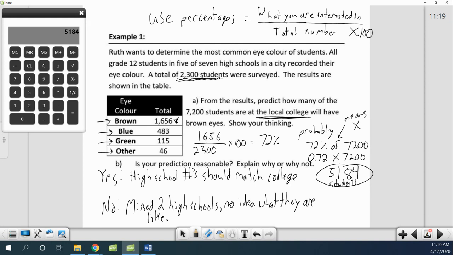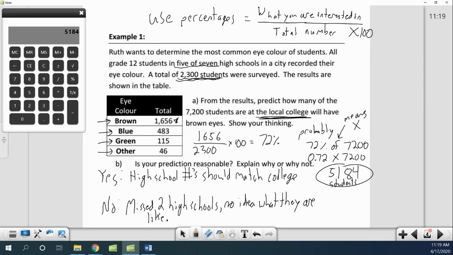Whereas here in Niverville there are a lot more people of European ancestry or South American ancestry, so you're going to have a lot more blue-green eyes compared to some other regions. So depending on the general demographic of who lives in those areas, that could skew your numbers. Those 2 high schools, because we only looked at 5 out of 7, are in areas that might be more likely to have blue-green eyes or more likely to have brown eyes, and that might skew your numbers too, because those kids are still going to college, right?